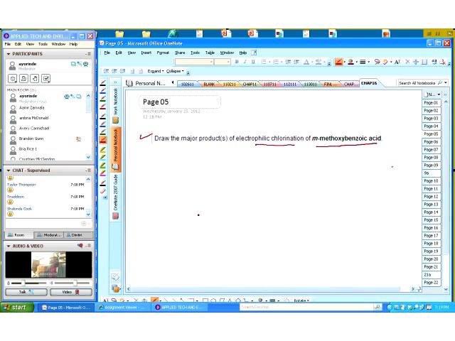The first thing is we need to know what m-methoxybenzoic acid is, and of course we know this is benzoic acid. That is benzoic acid, which is a carboxyl group attached to the benzene ring. So now the m-methoxy will be this here, the methoxy in the meta position.